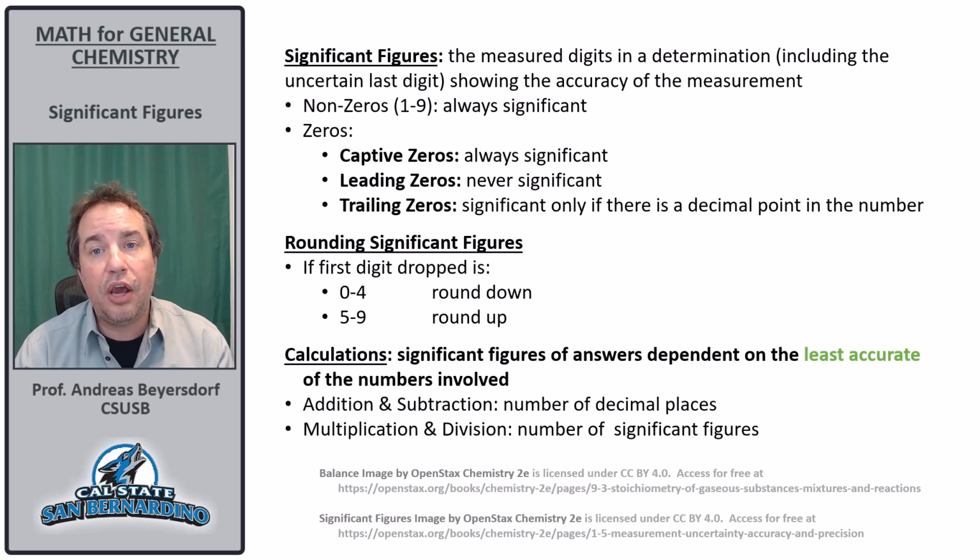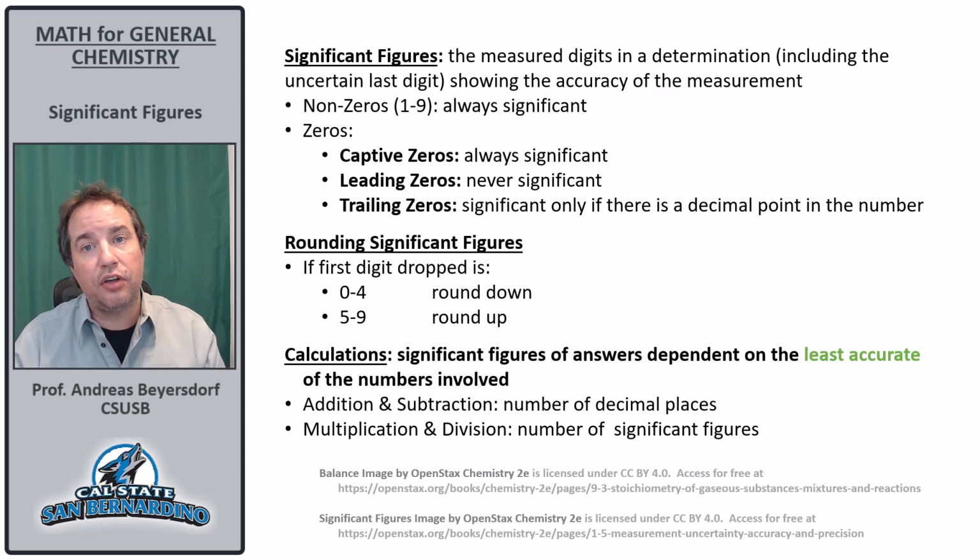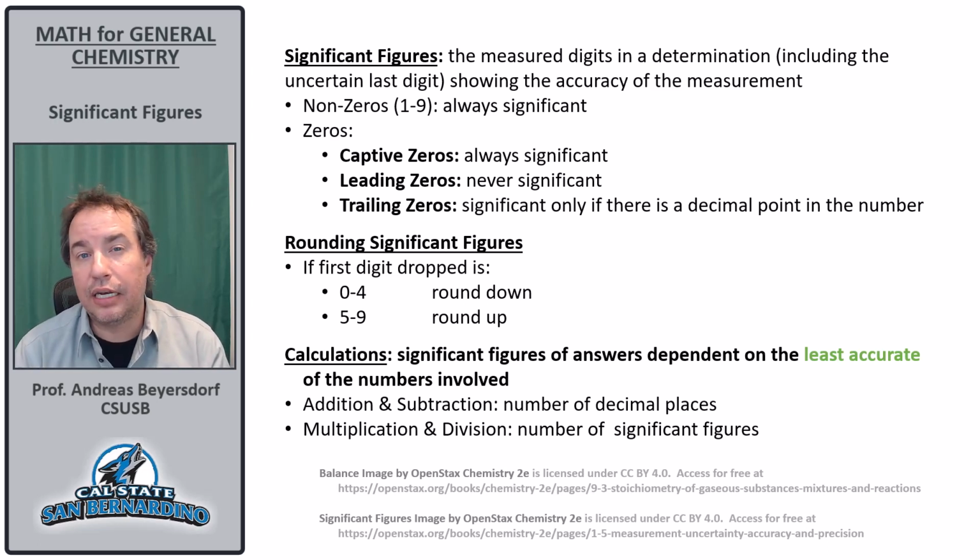So in this video, we talked about what significant figures are, right? They're the measured digits in the determination that tells the accuracy. So the more significant figures, the more accurate. Now, we can tell the number of significant figures based on these rules. Non-zeros are always significant. Zeros are significant based on where they are in the number.